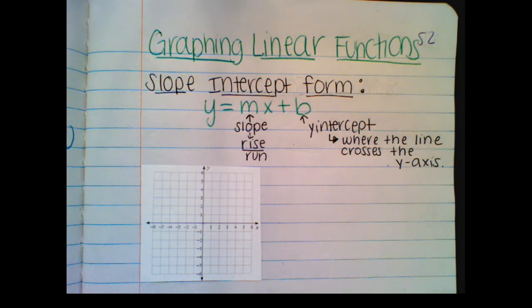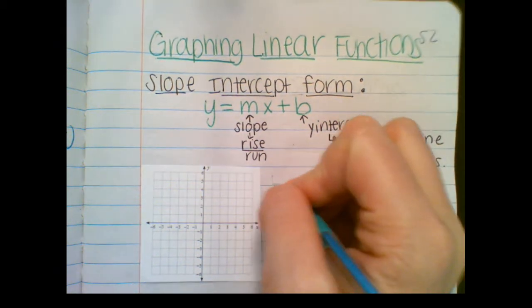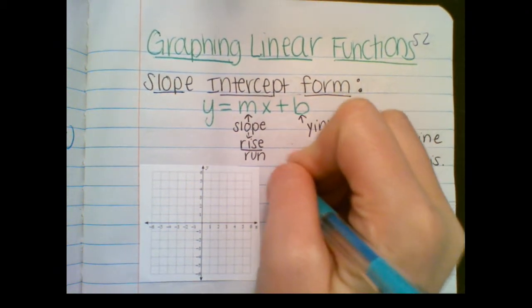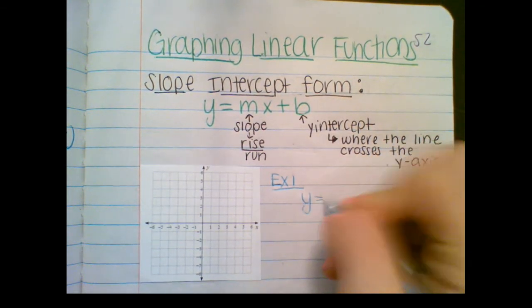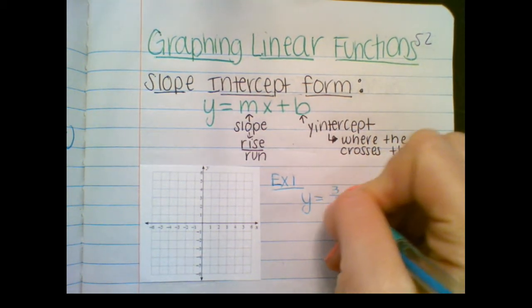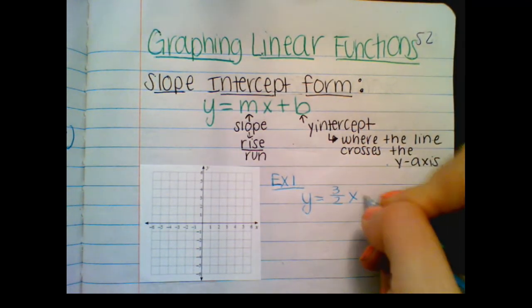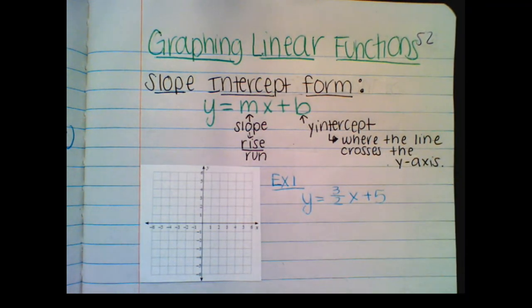So when you are given equations that are already in slope-intercept form, they're pretty easy to graph. Our first example that we're going to graph is one that looks like this: y equals 3 over 2x plus 5.